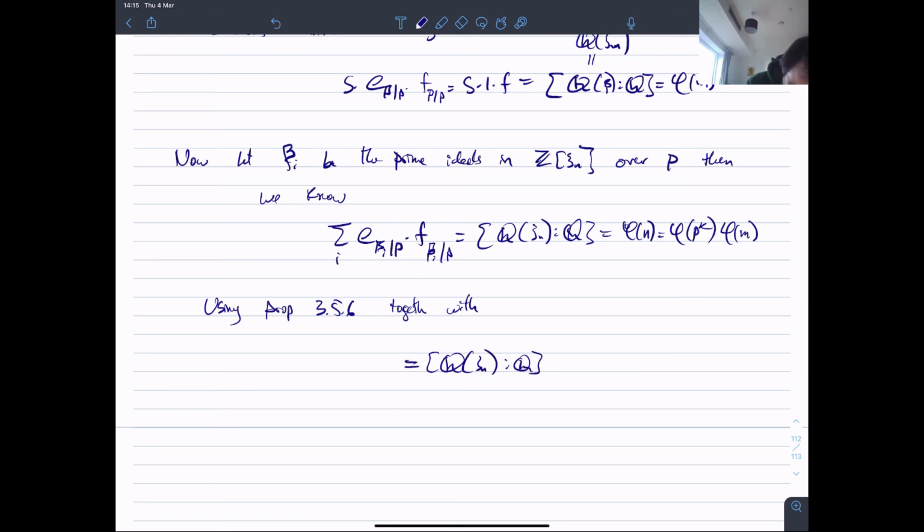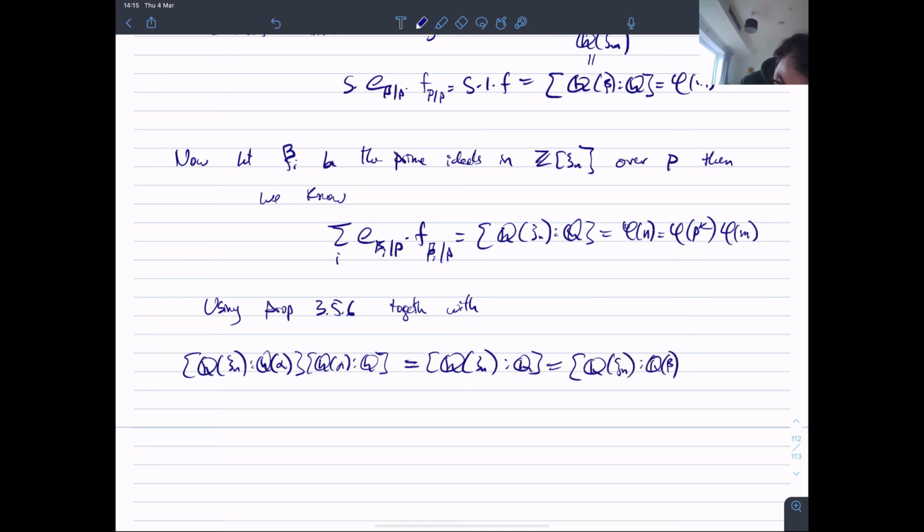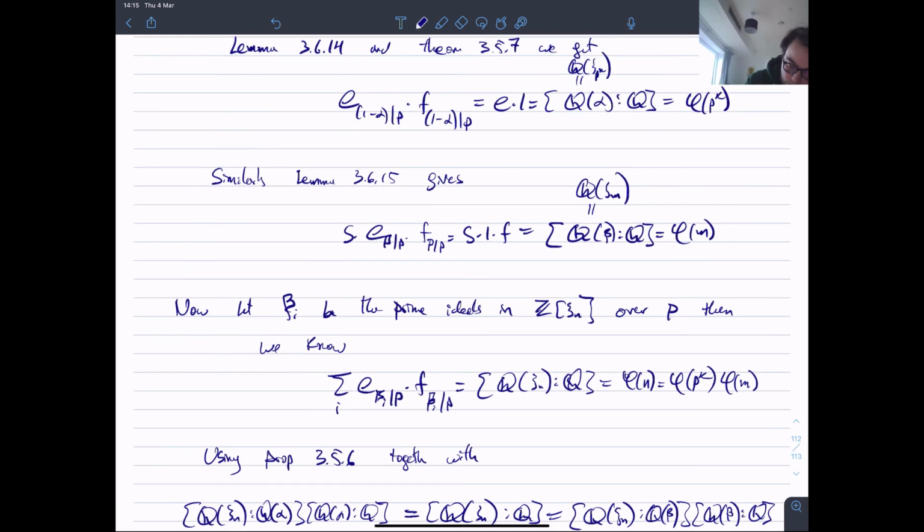On this side I can write this as Q(ζ_n) over Q(α), and then Q(α) over Q. On the other hand, I can write this as Q(ζ_n) over Q(β), and then Q(β) over Q. Comparing both sides and using this, what we know here, we get the result.